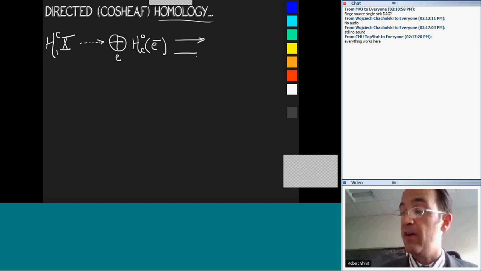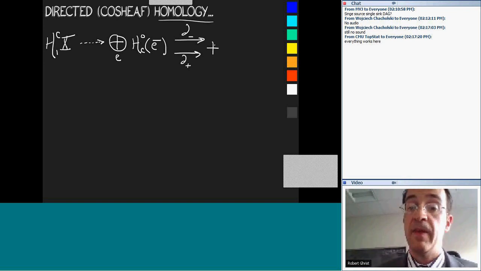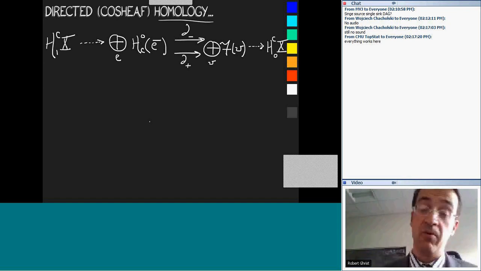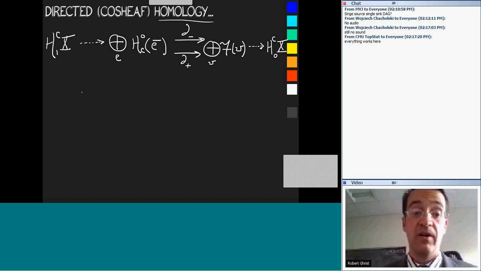Again, I look at a pair of maps that are based on the two different boundaries of that edge. That takes me to data that is stored over the vertices, and the corresponding co-equalizer gives H lower 0 of, again, the closed or Borel-Moore type homology.